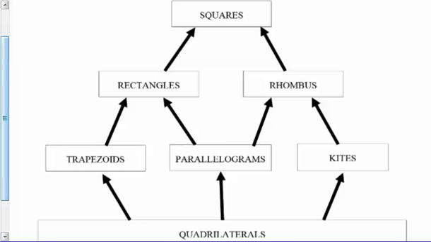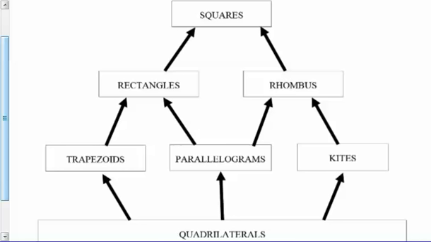And then we're going to look at this from an inclusive standpoint, meaning as long as you have these certain properties, then you qualify as this type of shape. So, trapezoids. Trapezoids have at least one set of parallel sides. Parallelograms have two sets of parallel sides.